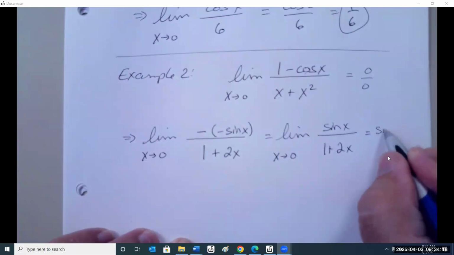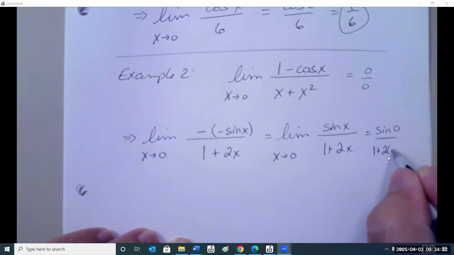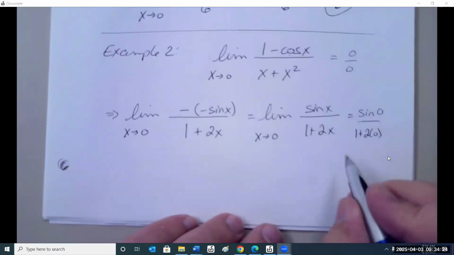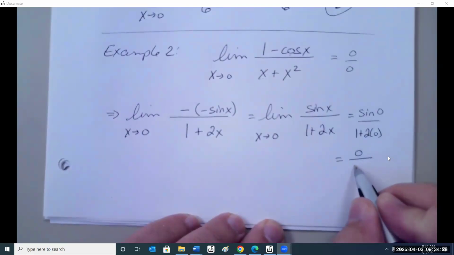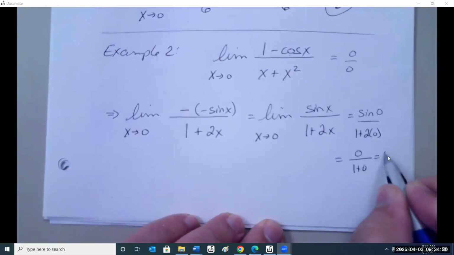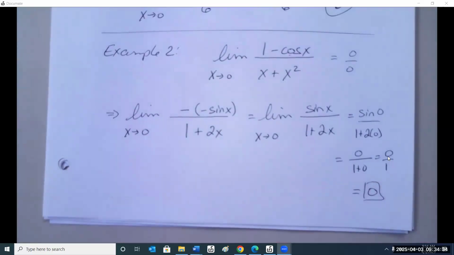So we have sine of 0 over 1 plus 2 times 0. Sine of 0 is 0. 1 plus 0, 0 over 1. So the answer is 0.